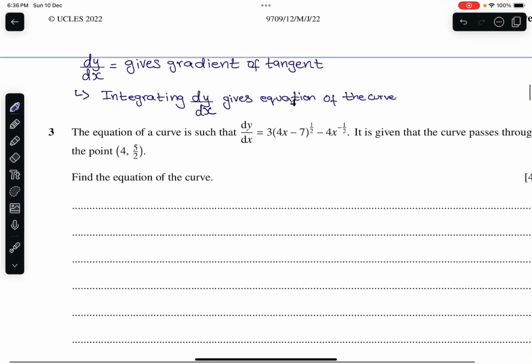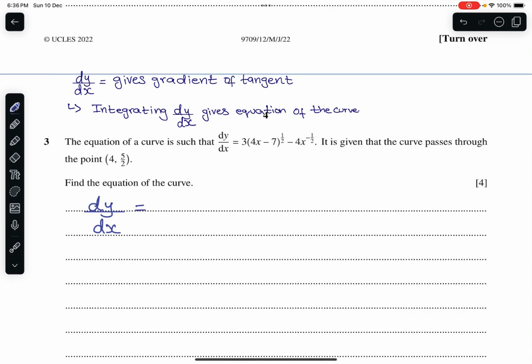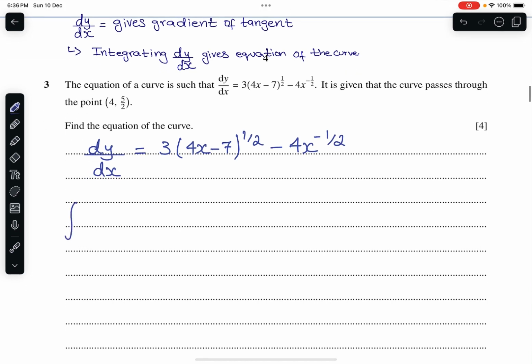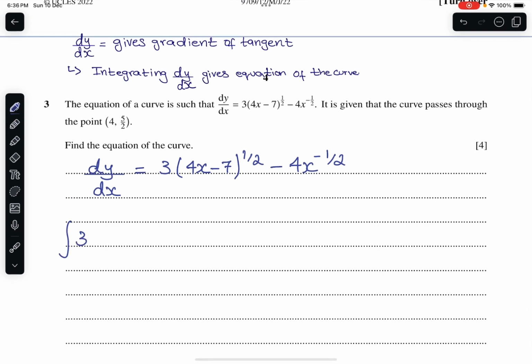All right, so let us write dy over dx equals 3 (4x minus 7) raised to power 1 over 2 minus (4x) raised to power minus 1 over 2. So we need to integrate this. We put the integrating symbol and we write first like this.